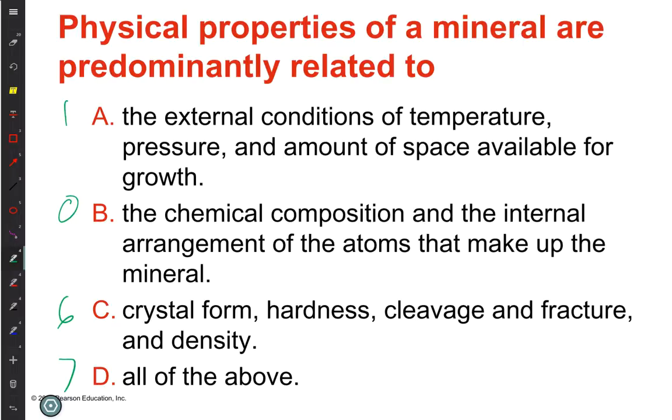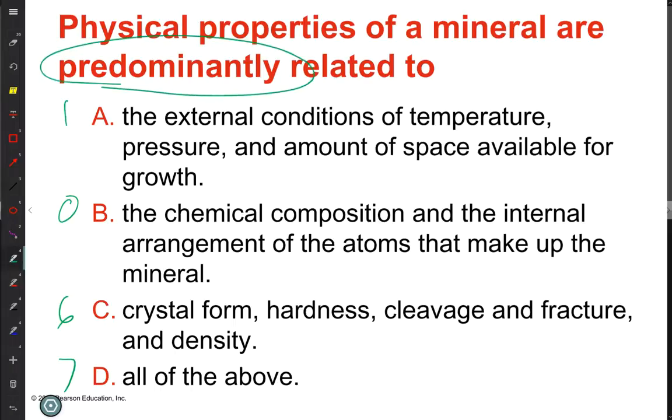We had everybody say it was either C or all of them, except for one person. So let's just look at these individually. Number 1, physical properties of a mineral are predominantly related to. Since it says predominantly, it's not going to be all of the above, because it could be related to all of them. Which one is the most important? So looking at the word predominantly tells me that this wasn't the intended answer.